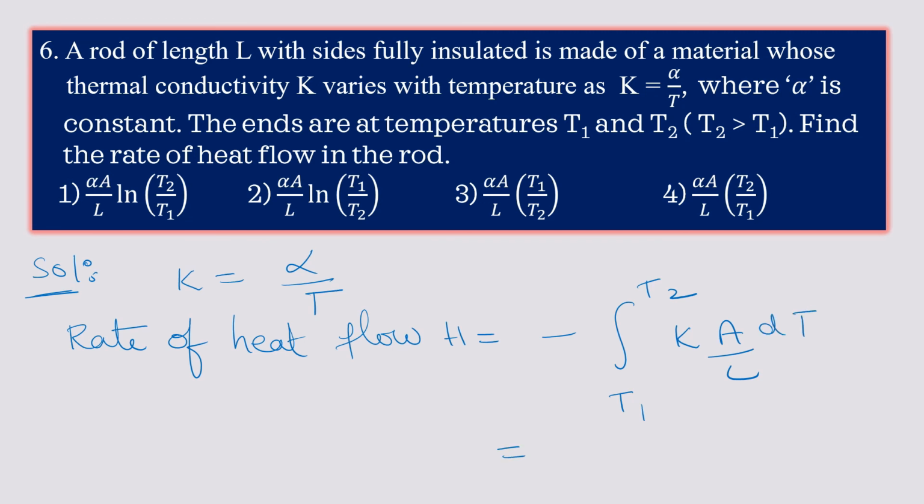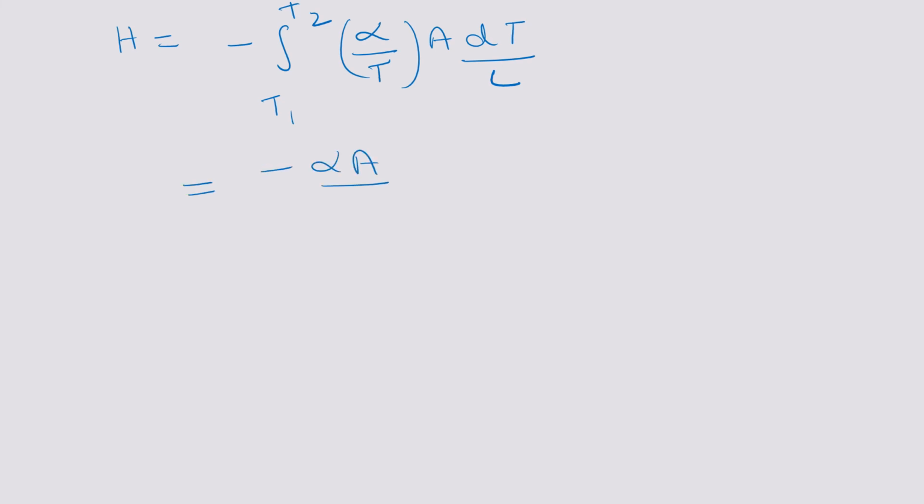So this is equal to minus integration of T1 to T2 of alpha by T into A dT by L. Next, H is equal to minus integration of T1 to T2 of K, nothing but alpha by T, of A dT by L. So that is equal to minus alpha A by L integration of T1 to T2 dT by T.